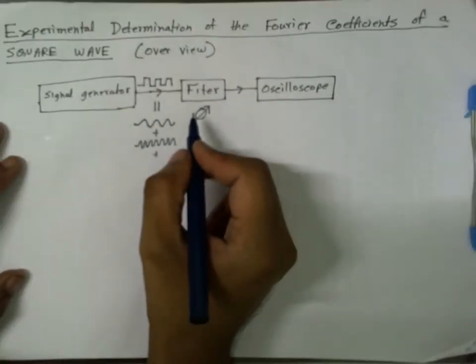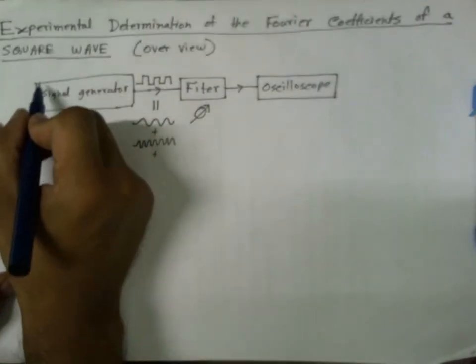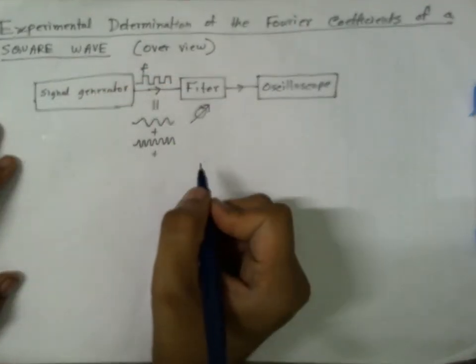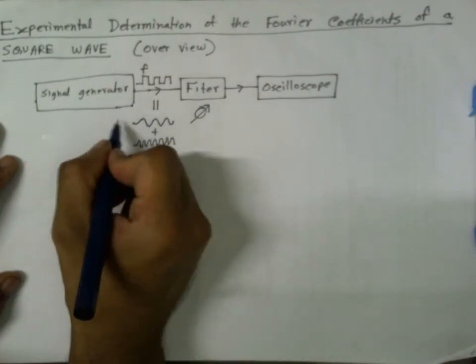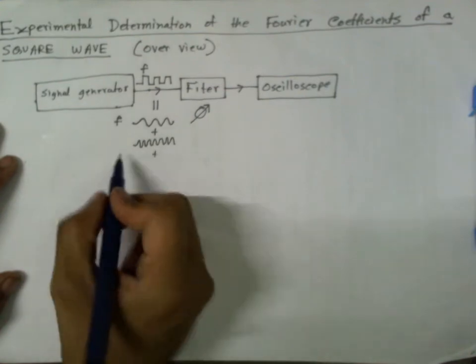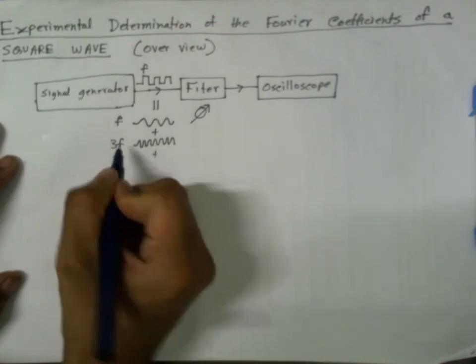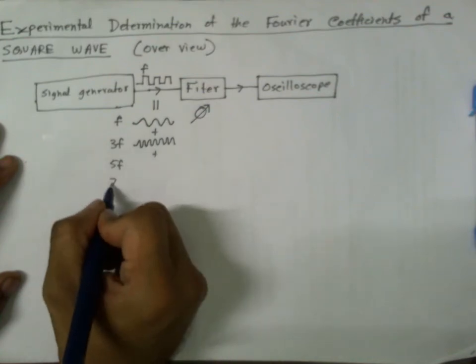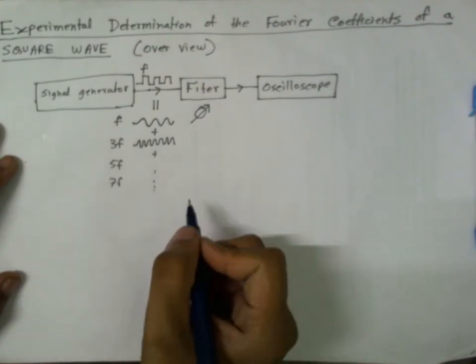If the fundamental frequency of this square wave is f, then the frequency of this fundamental sine wave is f. The third harmonic's frequency is 3f, then next will be 5f, 7f, etc.